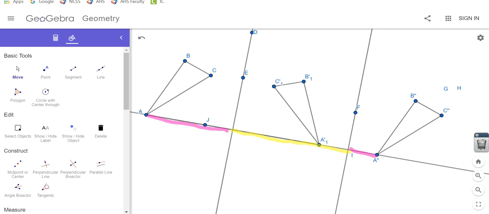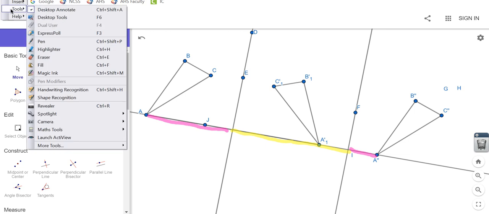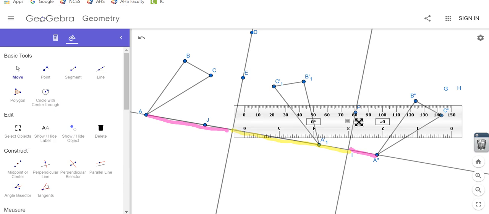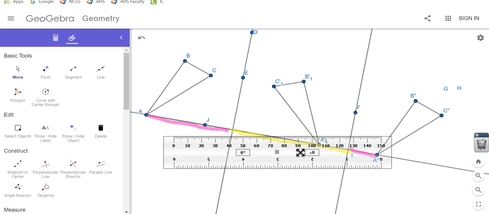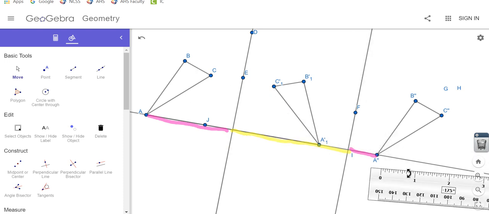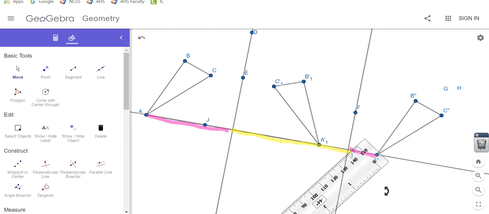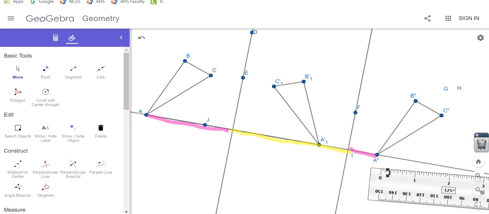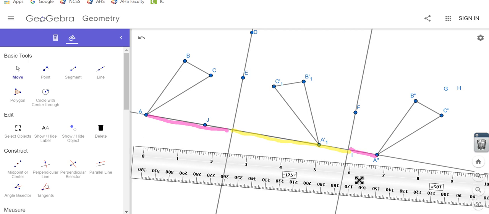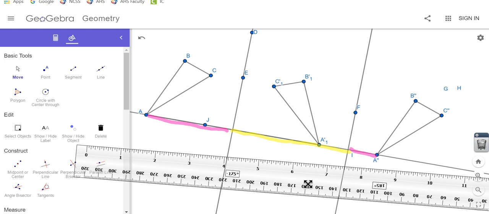Let's go to Files. Let's go to Tools. Let's go to Math Tools. And let's get a ruler. Alright, so if I measure this, let me flip this over. Oopsie. Let's measure this in inches.